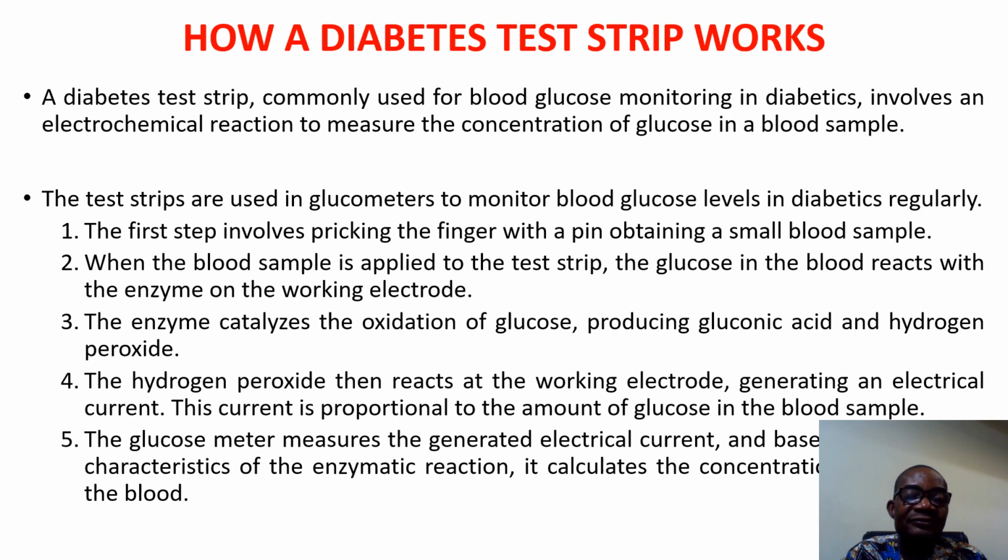So let's look at how a diabetes test strip works. That will help us to explain a basic electrochemical biosensor. A diabetes test strip is often used for monitoring the glucose level in the blood of a diabetic.